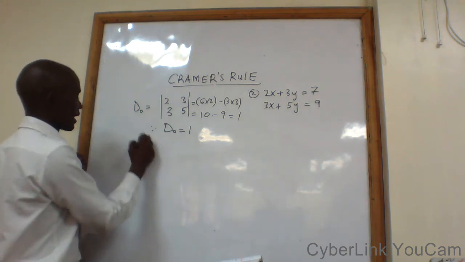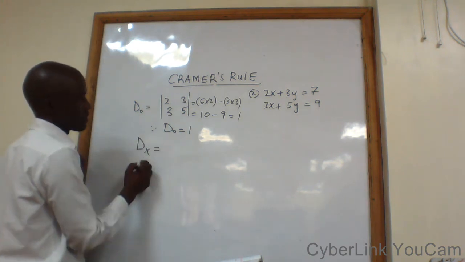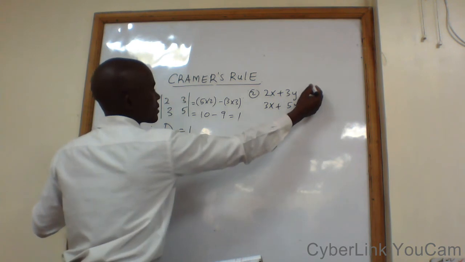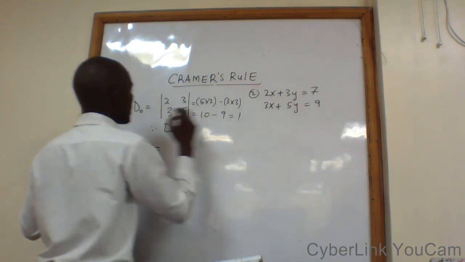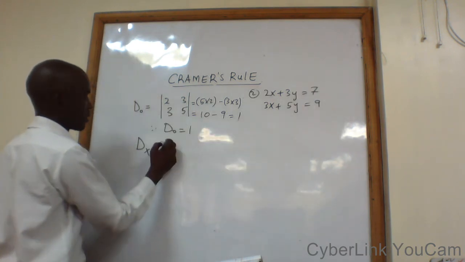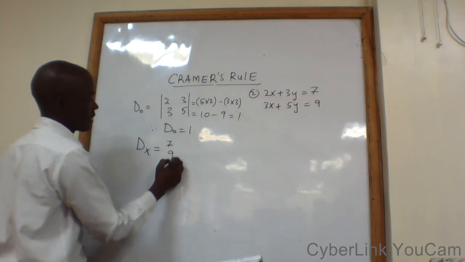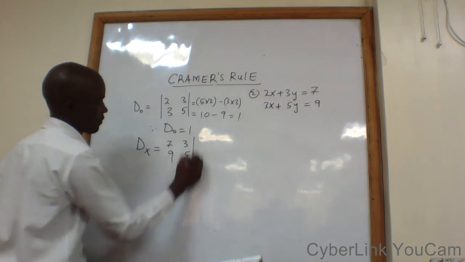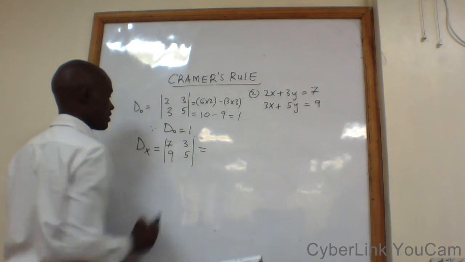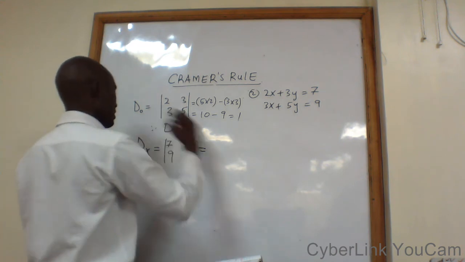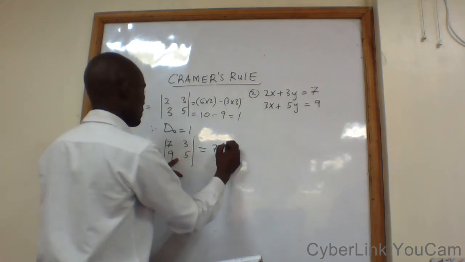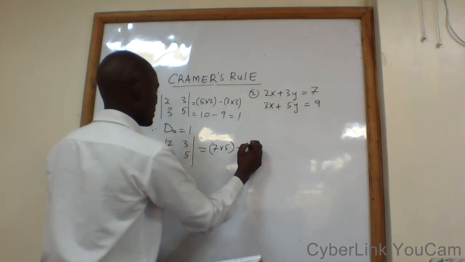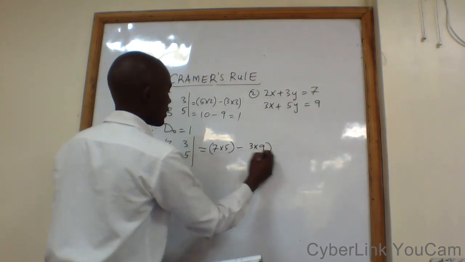We move to dx. Dx will be given by, remember now, we are substituting this one, the 7, 9 in this particular point. We have 7, 9, then 3, 5. The determinant here will be right hand diagonal 7 times 5 minus 3 times 9.